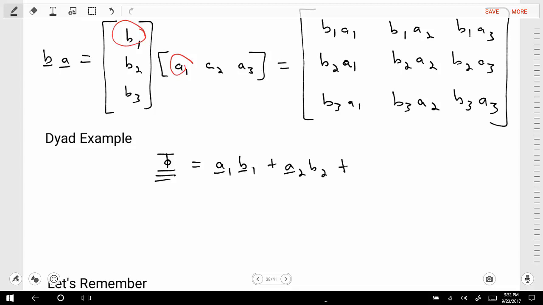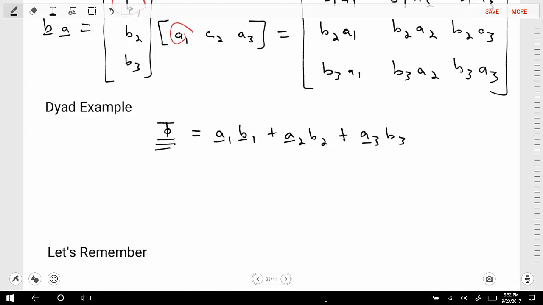So these are a sum of dyads. Well, if we have the sum of these, we could say subtensors, a tensor related to vectors A1, B1, a tensor for A2, B2, a tensor for A3, B3.